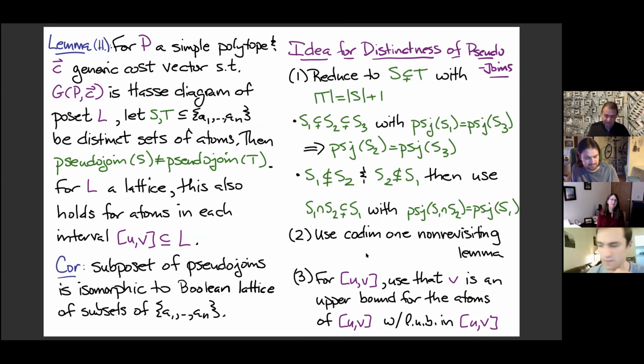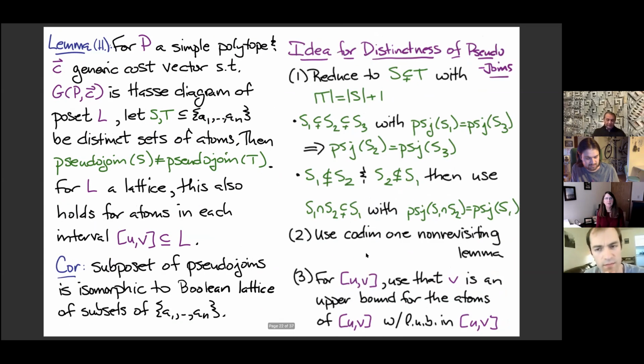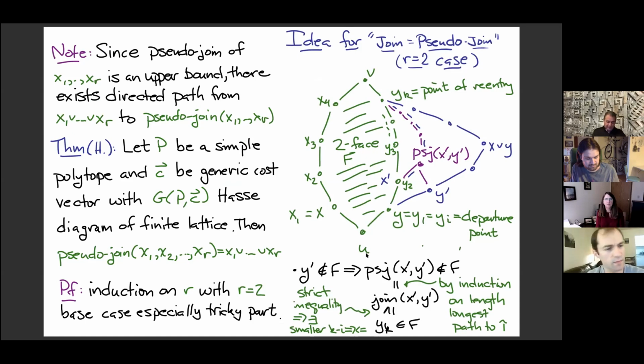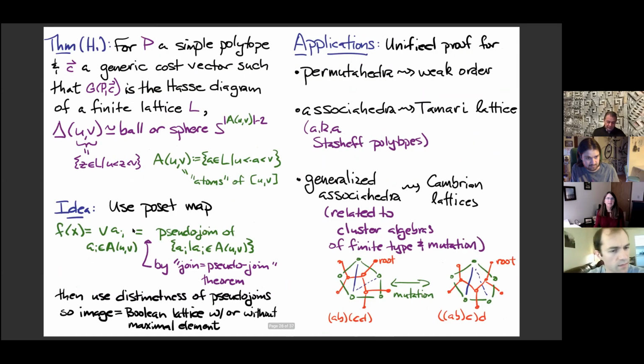Yeah, there's various cases. There's actually this trick I use here, the poset map I use here. This trick I've seen in other papers, in other contexts, where you prove a poset's order complex is homotopy equivalent to a ball or a sphere via a map like this, getting a Boolean lattice this sort of way.